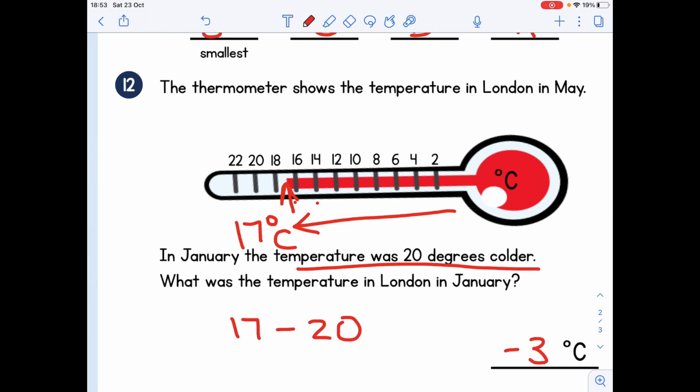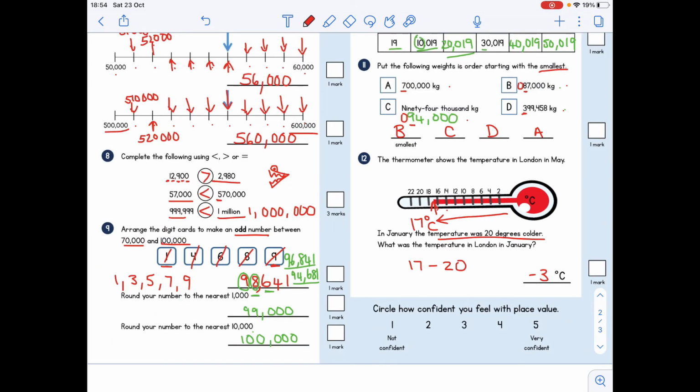So -3 degrees. So that's some of the negative numbers work that we kind of touched on before, but that bit is quite challenging, and I would suggest using a number line in order to help you with that.